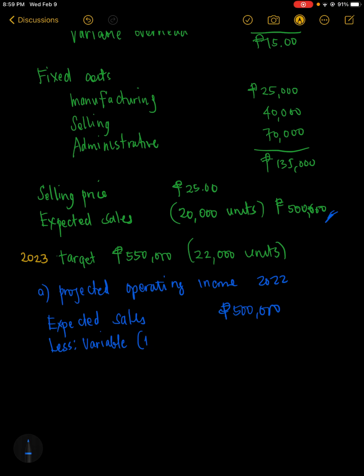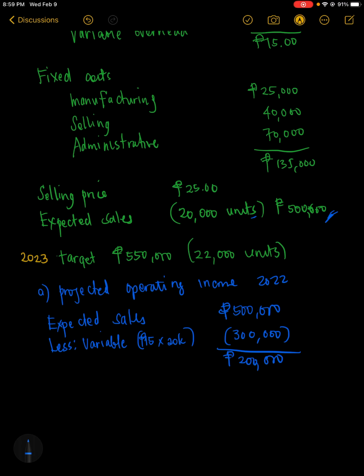Yung variable cost per unit, you multiply it by the projected or expected sales in units. So that's 15 pesos times 20,000, which will give you 300,000. Okay, and then when you deduct that, it will give you 200,000.